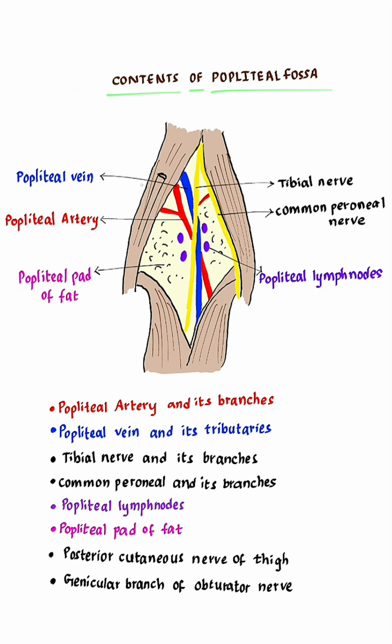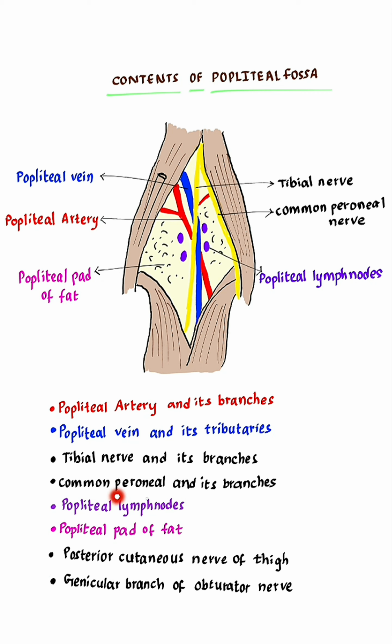Contents of popliteal fossa. It contains arteries, veins, nerves, lymph nodes and fat. Popliteal artery and its branches. Popliteal vein and its tributaries. Popliteal lymph nodes. Popliteal pad of fat. And nerves.